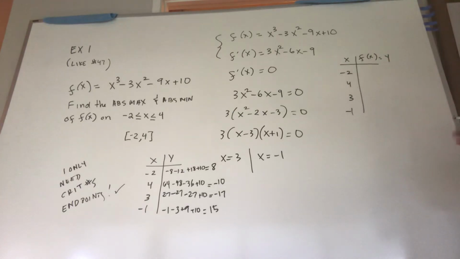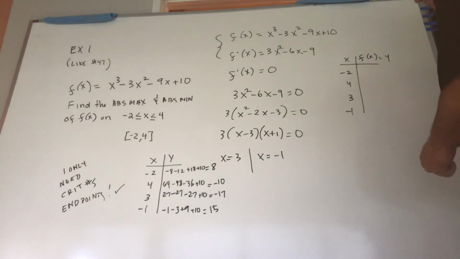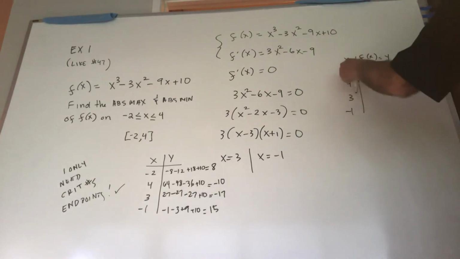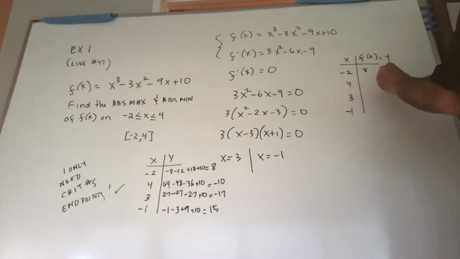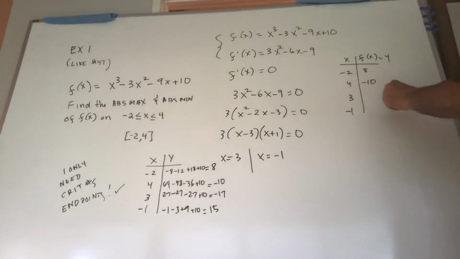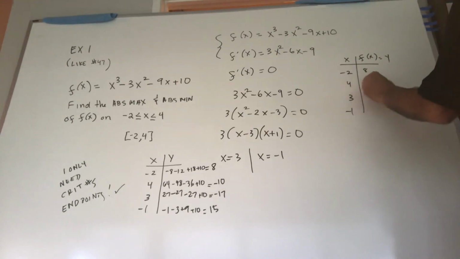For me it's usually 1, 2, or 3. In this case there are 2 critical numbers. The endpoint's y value is 8, the endpoint on the other side is -10, and then we get -17, and then 15.